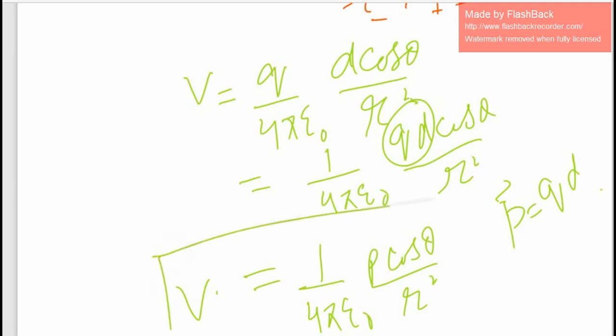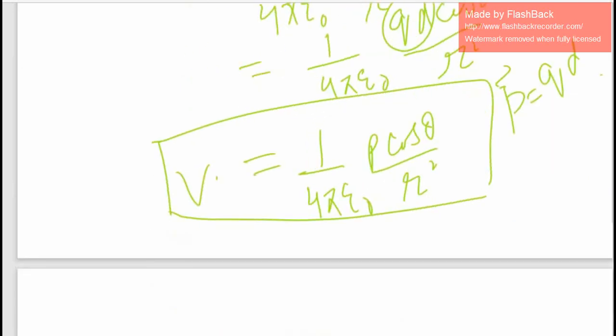So the electric potential due to a dipole is given by this equation. The vector p, here p is a vector quantity, is directed along the dipole axis from the negative charge to the positive charge.